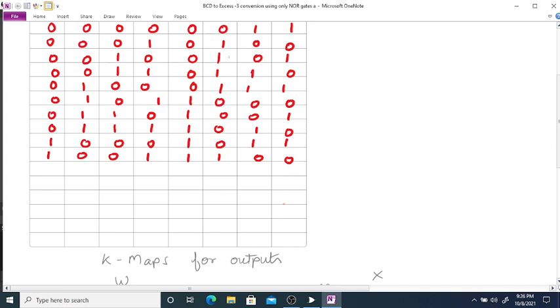Now, after 1001 we have 1010, 1011, 1100, 1101, 1110 and lastly 1111. Now, we know that these are not BCD numbers, these are illegal BCD numbers. So, we are going to take them as don't care conditions. So, all these values will be don't care.